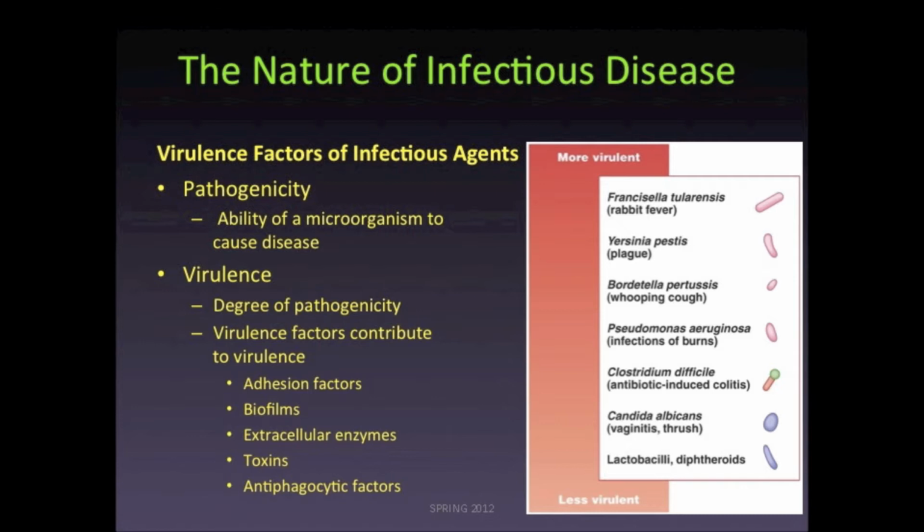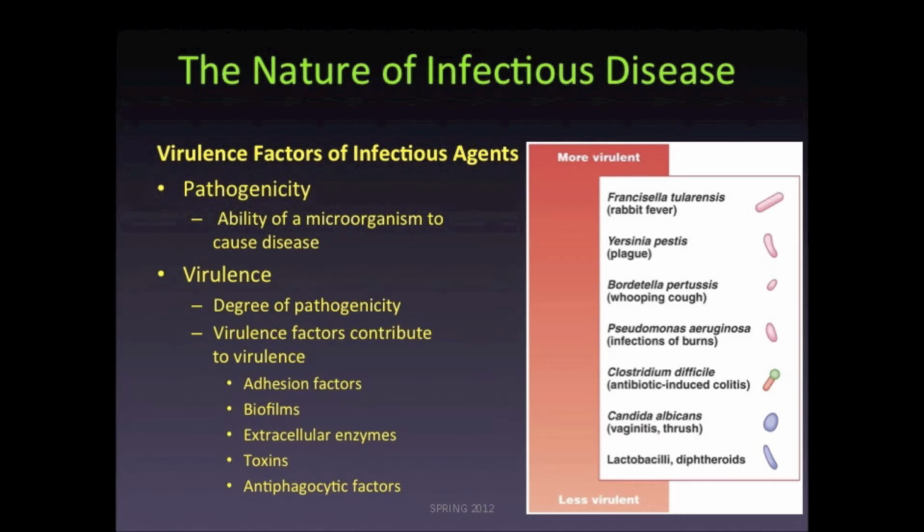Characteristics and structures that permit a microorganism to cause infection and disease are known as virulence factors. Virulence factors include adhesion factors, biofilms, antiphagocytic factors, extracellular enzymes, and toxins. A microorganism may employ one or more virulence factors to cause infection and disease.